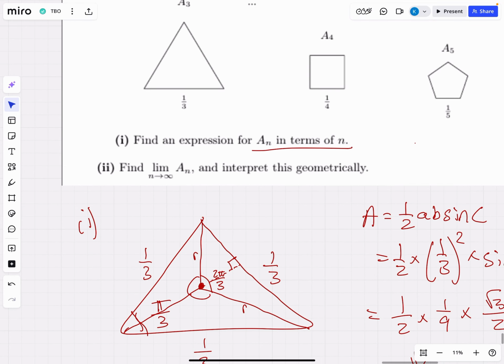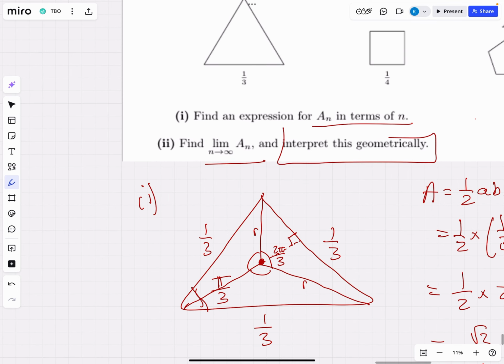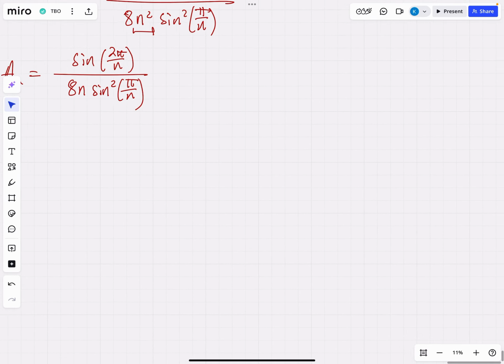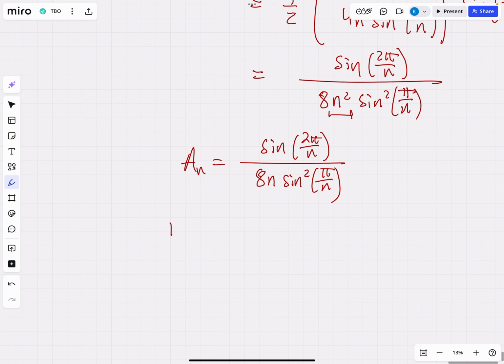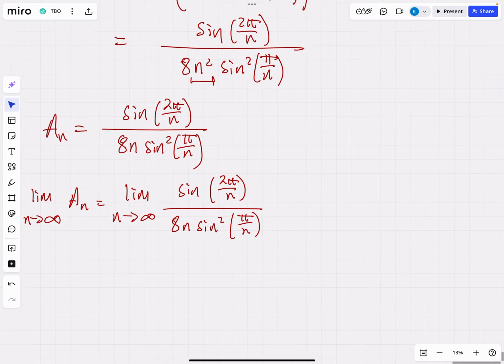Now, we need to find the limit as n tends to infinity of a sub n and interpret this geometrically. So let's have a go. So the limit as n tends to infinity of a sub n is equal to the limit as n tends to infinity of sine of 2 pi over n all over 8n sine squared pi over n.